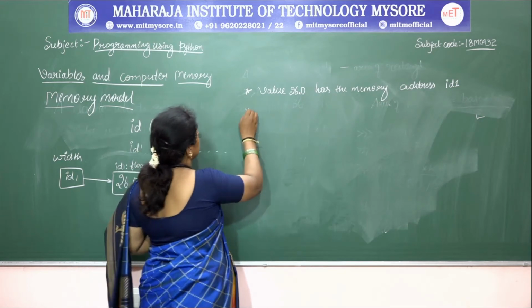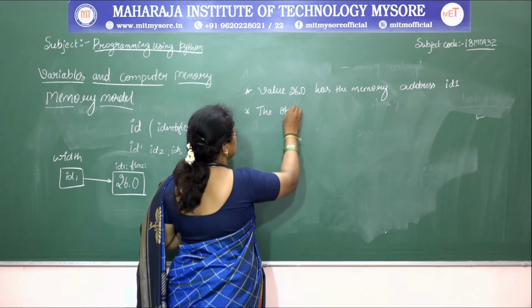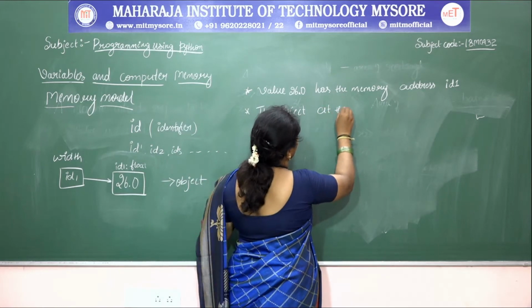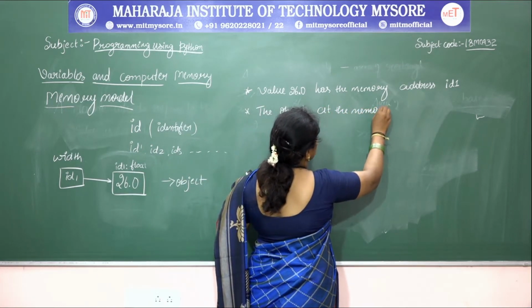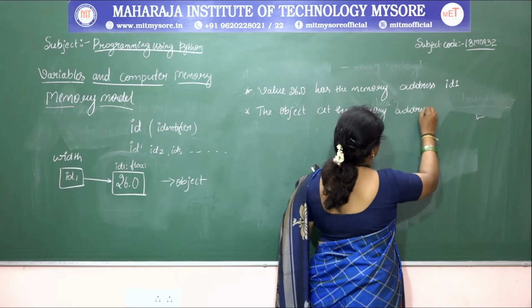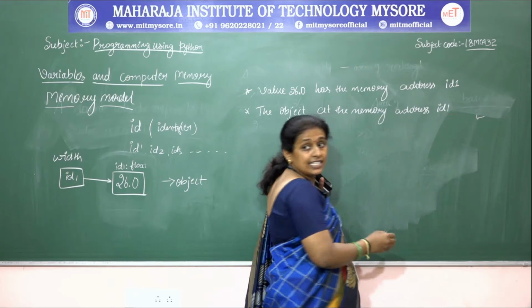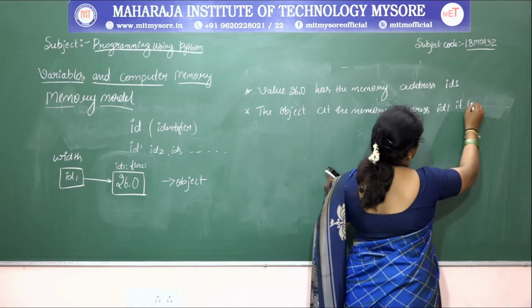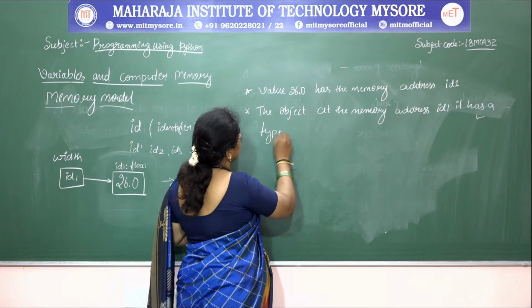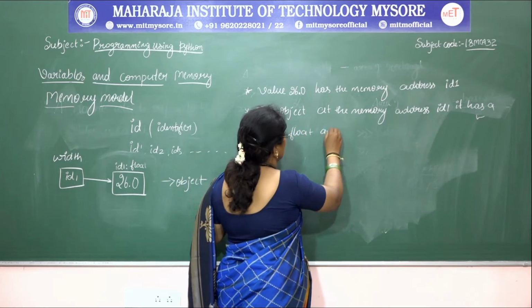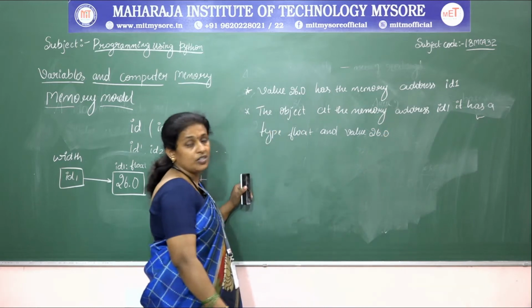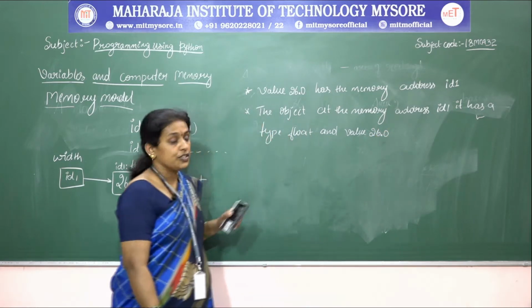Then the object, this whole thing, the object at the memory address IDE 1 has a type float and value 26.0, because it is a floating point.